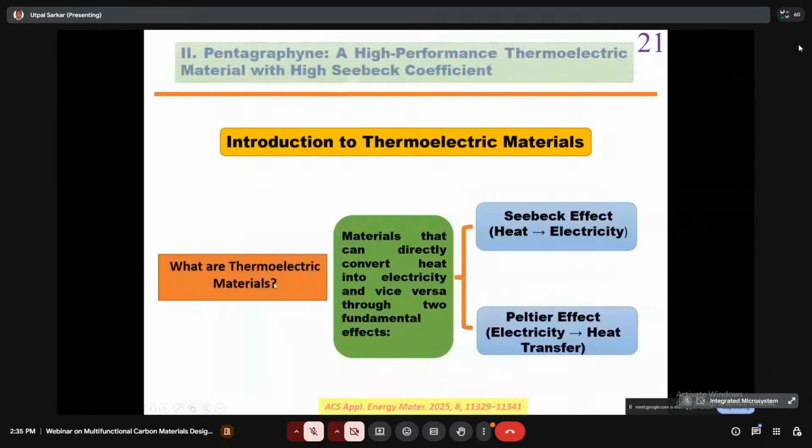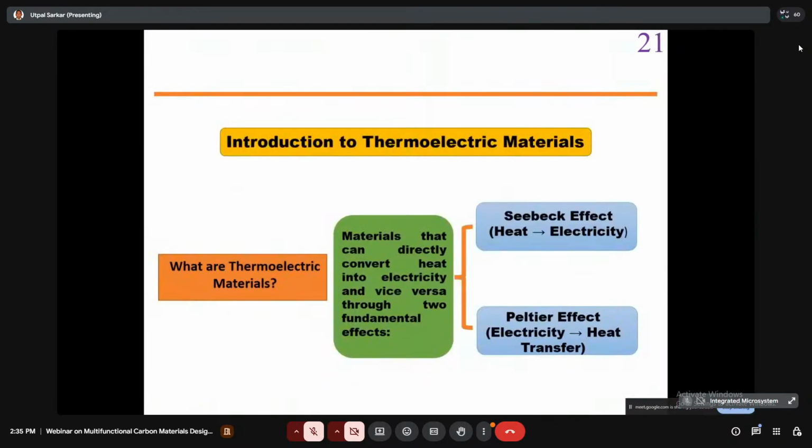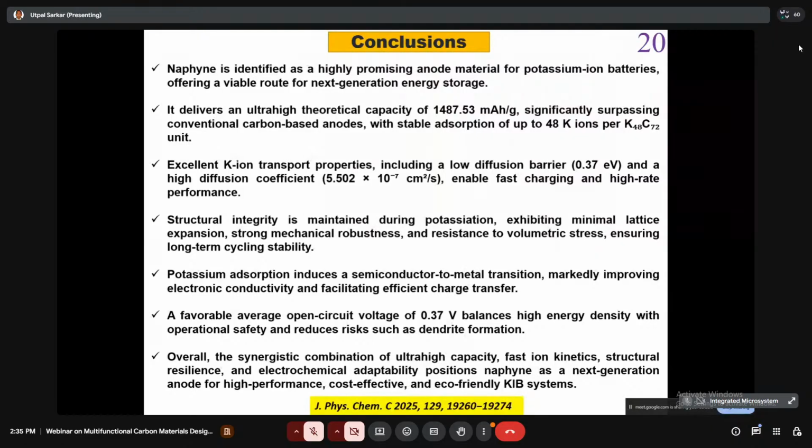Potassium absorption induces semiconductor to metal transitions, markedly improving electronic conductivity and facilitating efficient charge transfer. A favorable open circuit voltage of 0.37 balances high energy density and operational safety and reduces risks such as dendrite formation.